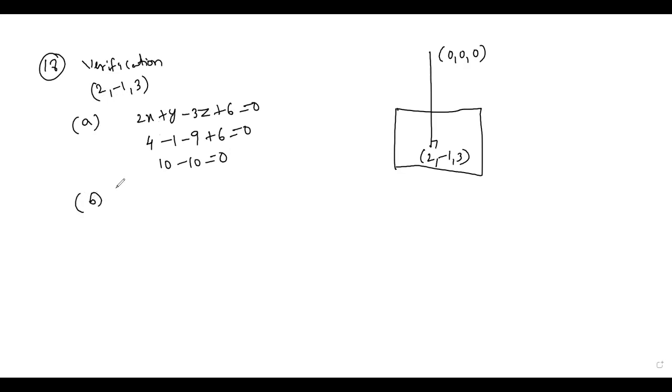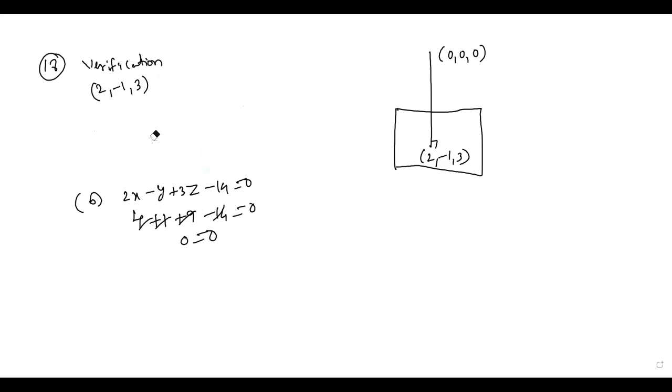Take option B, maybe two options will satisfy. 2 into 2, 4. Option B is 2x minus y plus 3z minus 14. 2 2s are 4, plus 1, plus 9. Now this is also getting 0. Multiple options are satisfying, so verification is not possible.